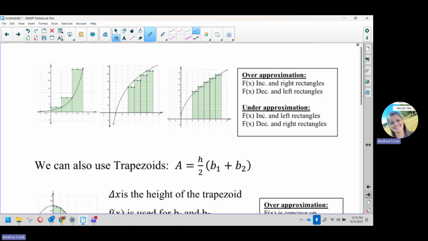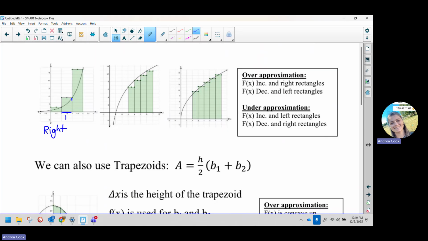So hopefully, these pictures kind of show you what we're doing here. What corner in that first picture is touching the function? Right. So these would be called right rectangles. This here is your delta x, your change in x. I think it's 1 to 2, so that would be 1.